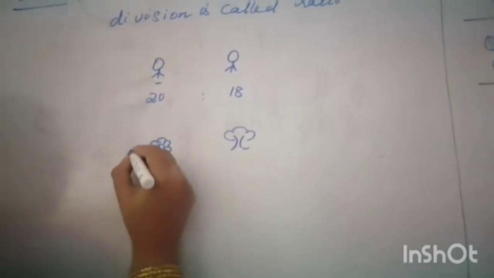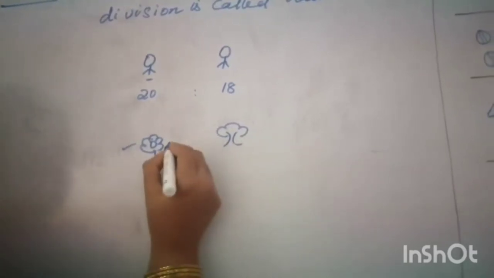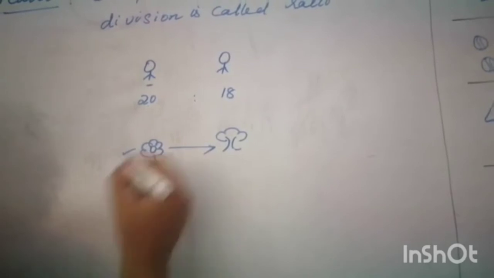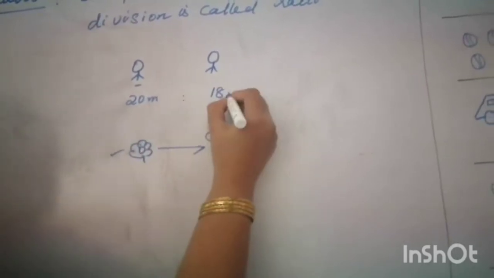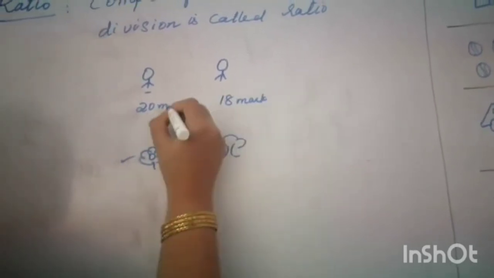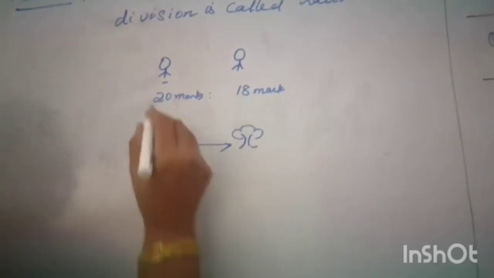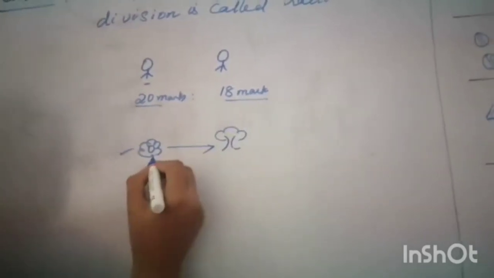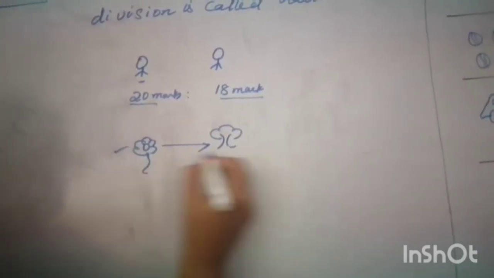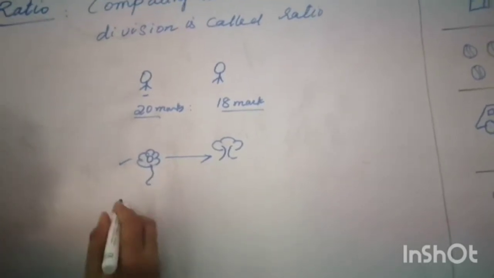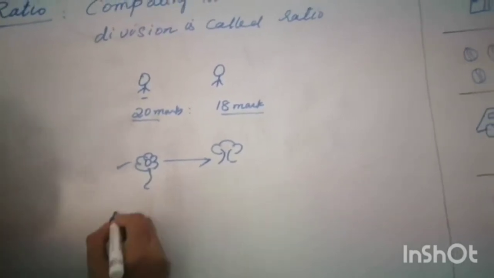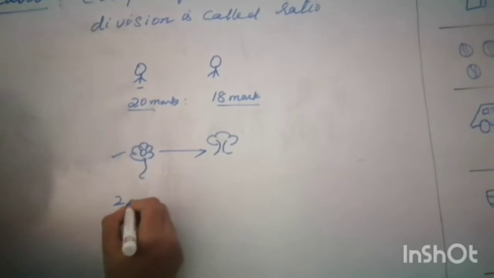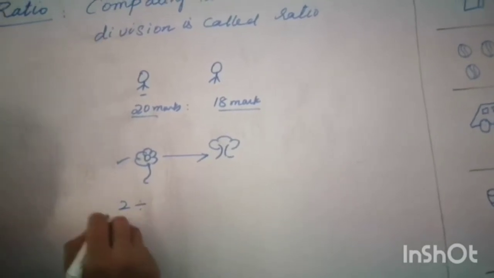No, I cannot, because they are different quantities. Here marks are the same quantities. Flowers to trees are not the same quantities. So what is ratio? Comparing two similar quantities by division is called ratio.